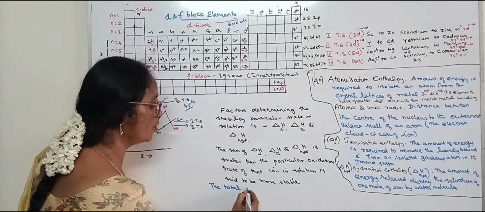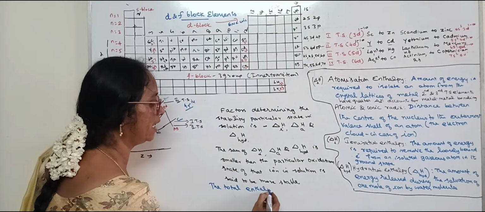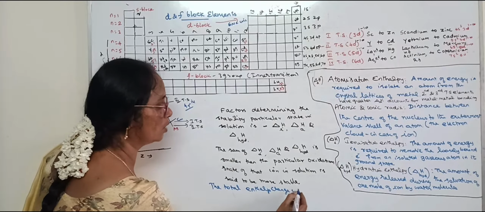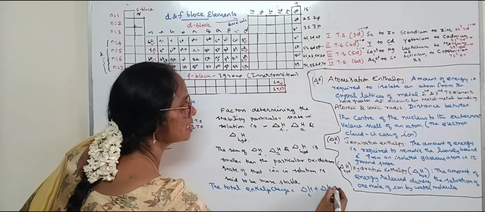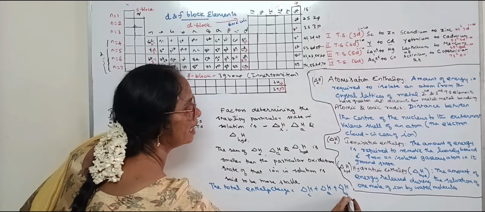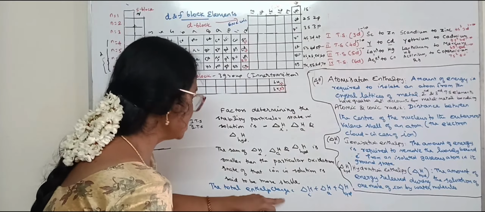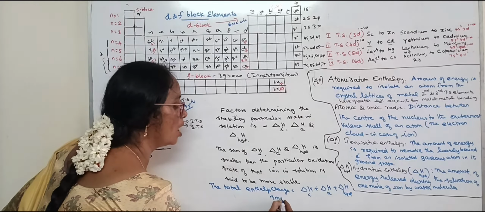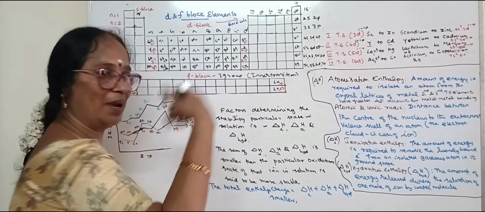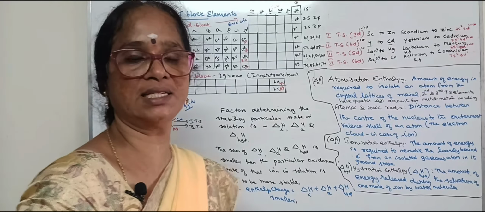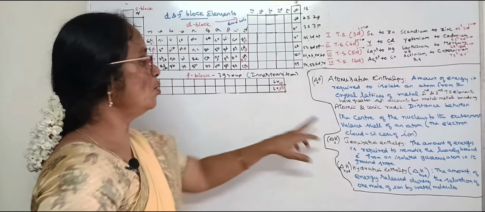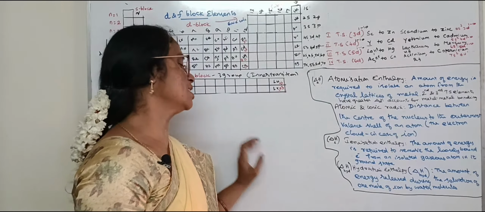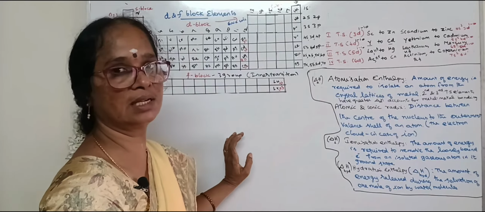So the total enthalpy change is equal to the sum of ionization enthalpy, atomization enthalpy and hydration enthalpy. This value must be smaller, and hence the metal ion in its oxidation state is said to be more stable.